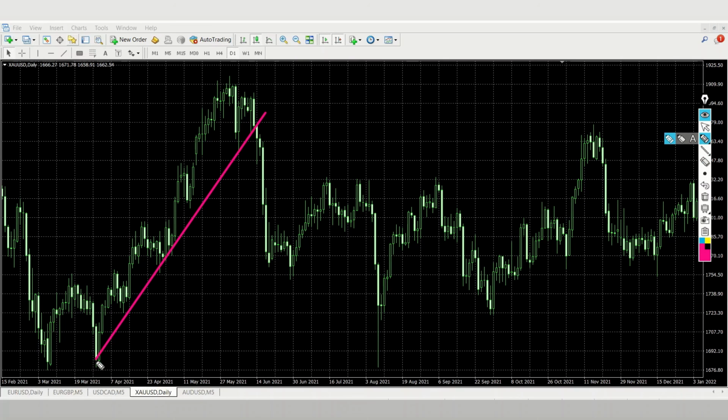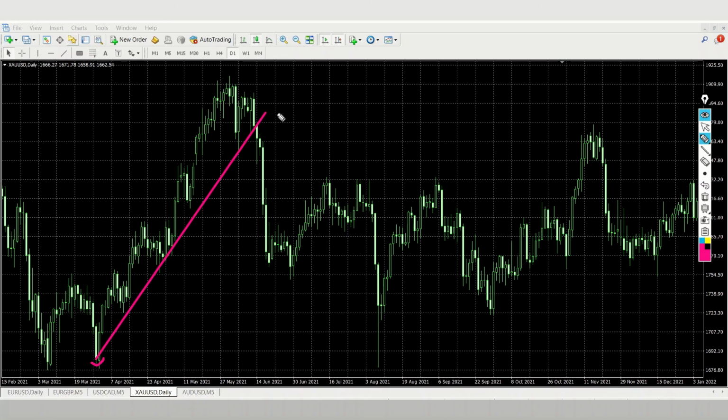You can see that we have connected this point. This is a swing low. Ignore this minor one. We connected this one, and then we connected to this one. When we look at this trend line, it is very steep, and we say that the steeper the trend line is, the less reliable it becomes.